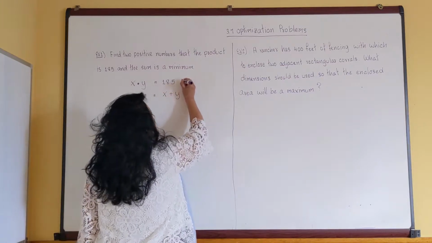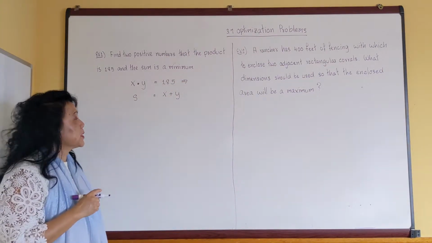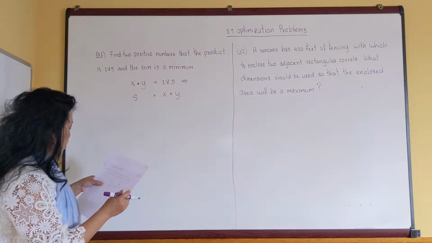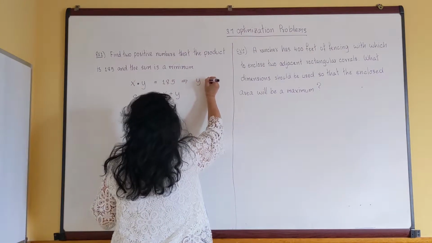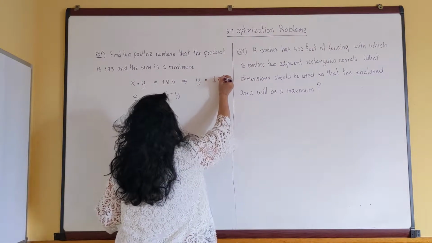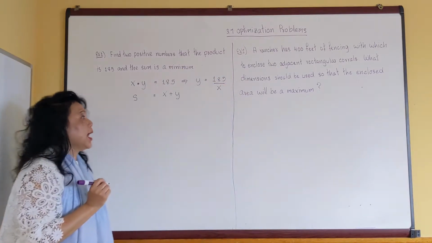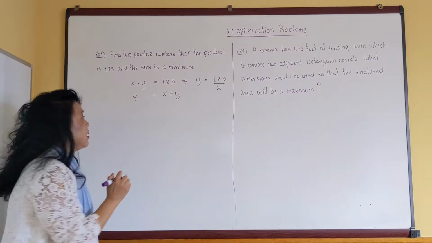Now you can use the substitution method from algebra. From here you can either solve for x or for y. I'm just going to skip some algebra here. I solved for y, so my y would be 185 over x. Now I substitute y in here to get my sum.